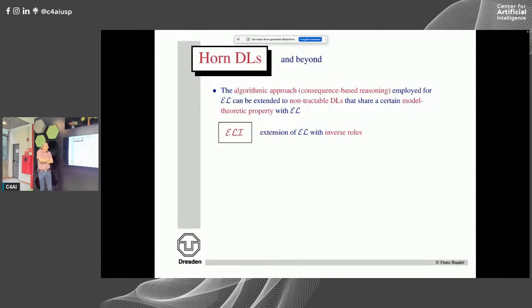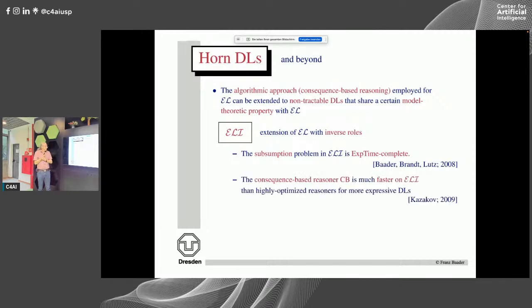And an example is if we add inverse roles to EL, so inverse roles meaning you can turn around the role and also use it. And so we showed in our paper that if you add inverse roles to EL, then subsumption becomes ExpTime-complete. So it's bad again, in principle.